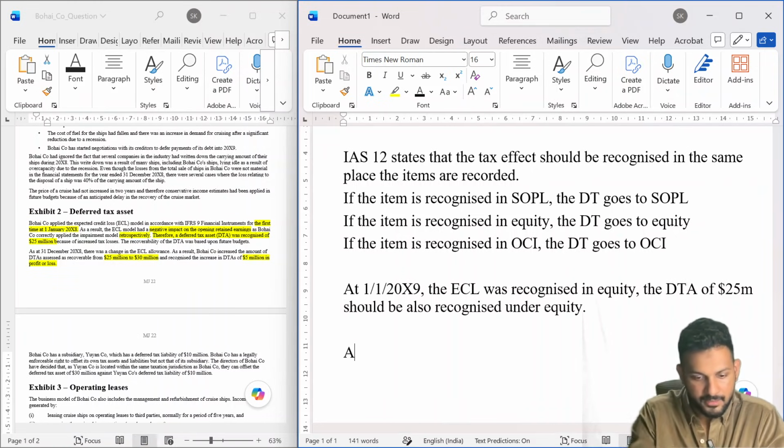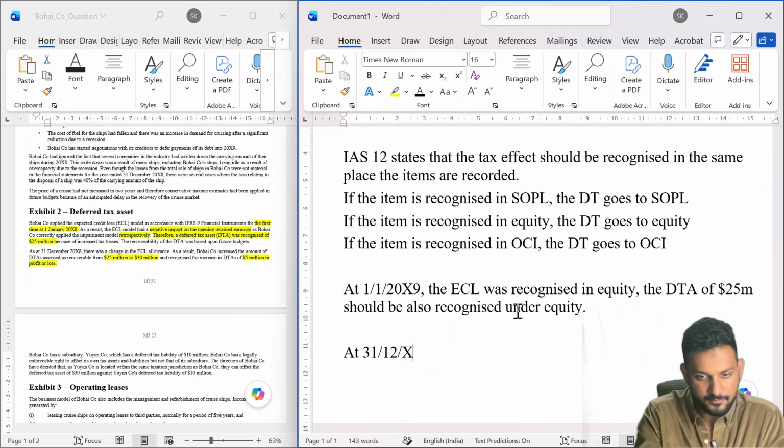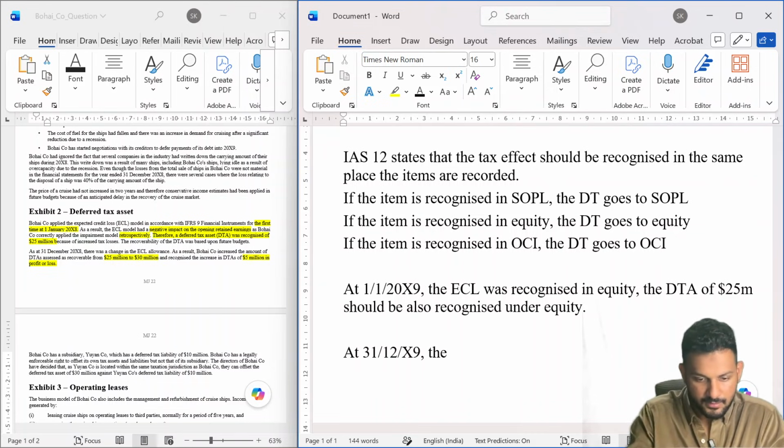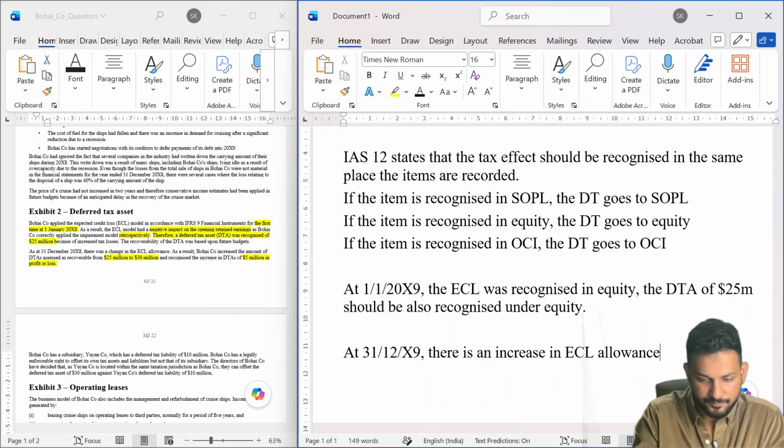But at 31st December 20x9, there is an increase in expected credit loss allowance.